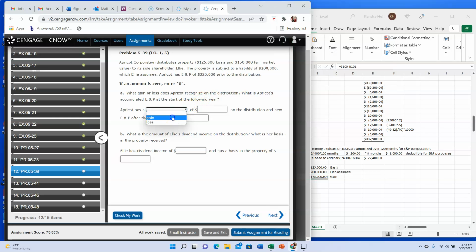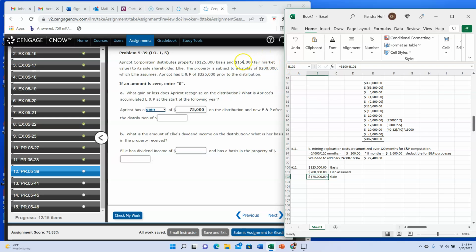So they have a gain of 75,000. All right, and you use liability. Normally you would do the fair market value minus the basis, but since the liability assumed is greater than fair market value, you use the liability assumed.